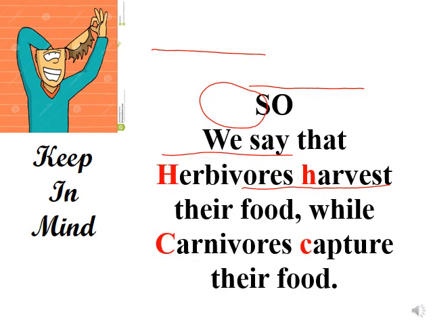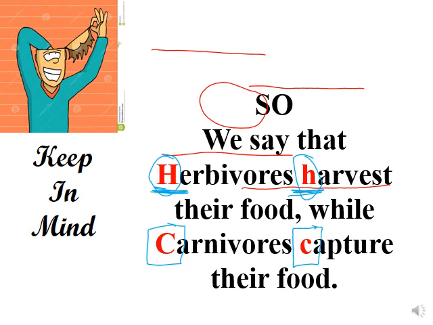You have to know that from now on, we don't want to say herbivores eat. For herbivores, you have to say they harvest their food. Harvest, H, H. Herbivores harvest their food, while carnivores capture their food.